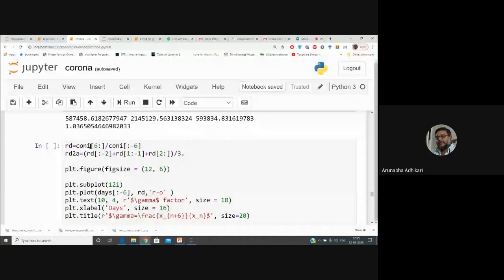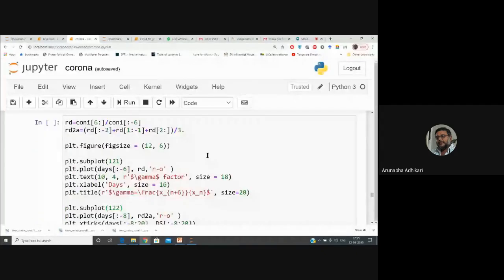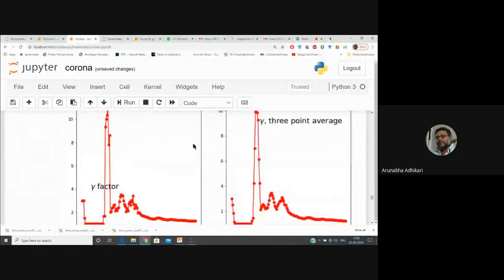So this RD is just shifted by 6 places and divided, so it is always giving me the ratio xn plus 6 divided by xn. And this, as I explained in my previous class, is a 3-point rolling average of that. So if I run that, I get very interesting curves.